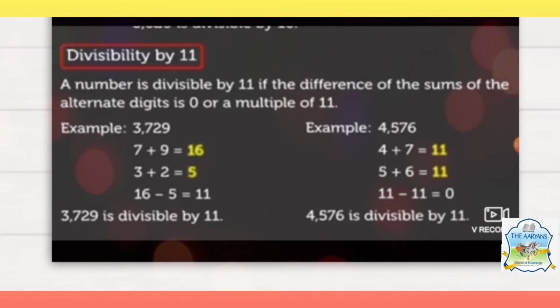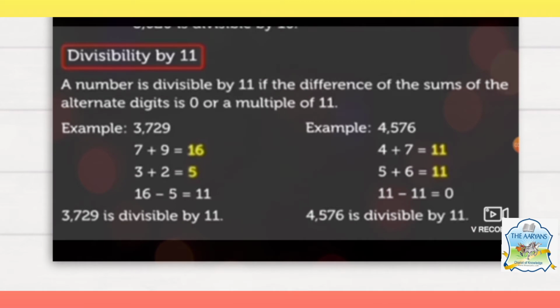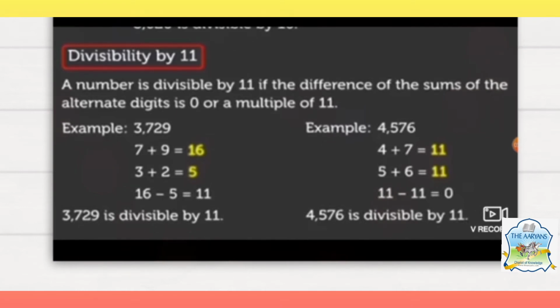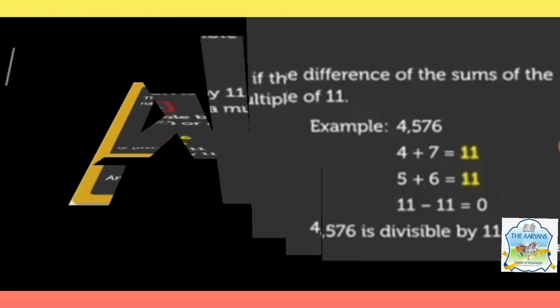We added the first and third digits, then added the second and fourth digits, we got 11. Then we have to find their difference. 11 minus 11 is equal to 0. So if the difference is 0, and in the other example our difference is 11, if the difference is 11 or 0, then we can say that a particular number is divisible by 11.